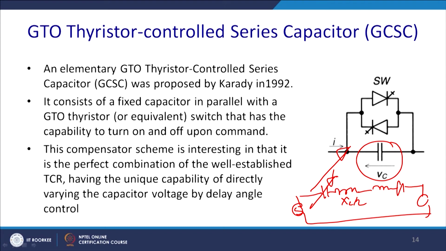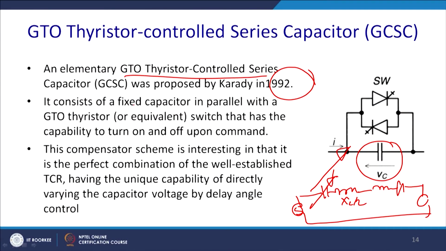So, an elementary GTO thyristor controlled series capacitor. There are a lot of abbreviations, so students are requested to become familiar with those applications, as they are much used and practiced in industry. GCSC was proposed by Cordy in 1992, so this solution came around 25 years ago.